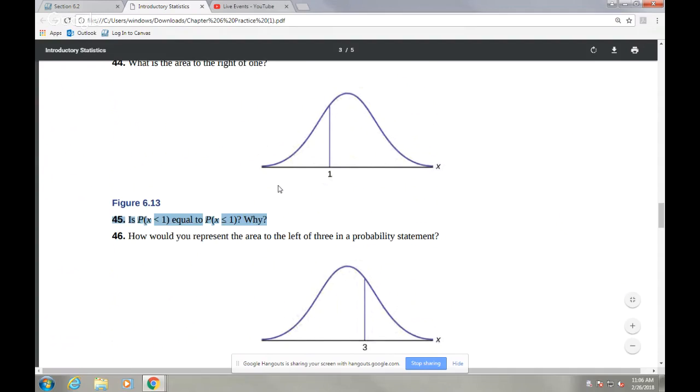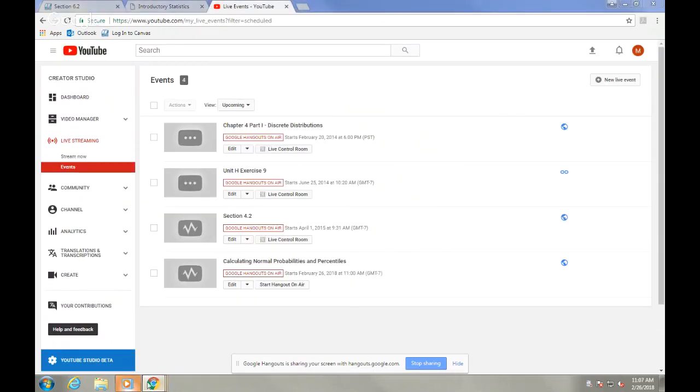It's going to refer to this graph here, but really it could refer to almost any graph that's normal, because it doesn't really have to do with the graph. It has something to do with something else. Can you remember what the answer to this would have to be? X less than 1, is that probability equal to, less than or equal to, pardon me.